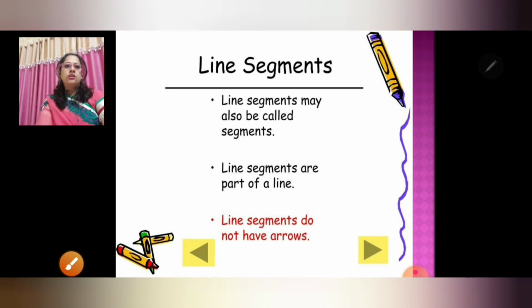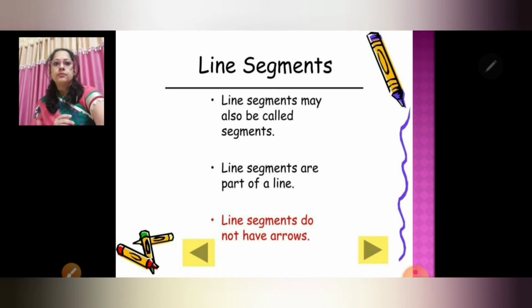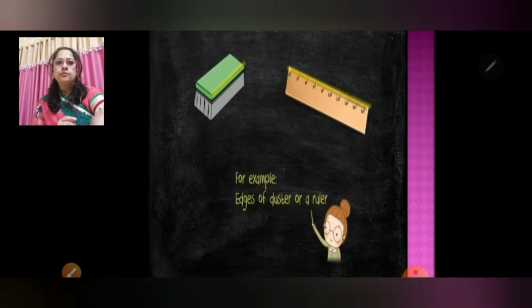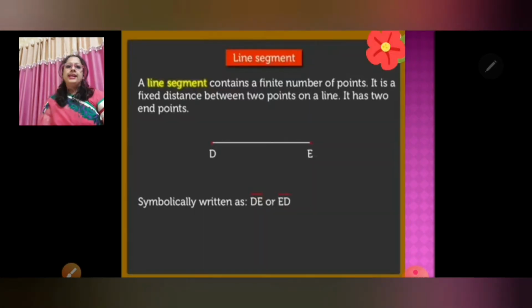A line segment may also be called a segment. So if, instead of line segment, segment is written, children, don't get confused, because it can also be called a segment. Line segments are part of a line, and line segments do not have arrows. They have 2 endpoints and don't have any arrows. A line segment contains a finite number of points.